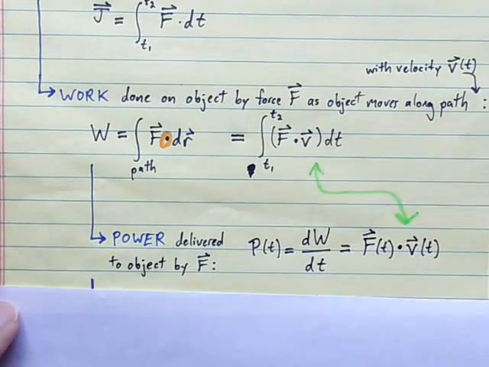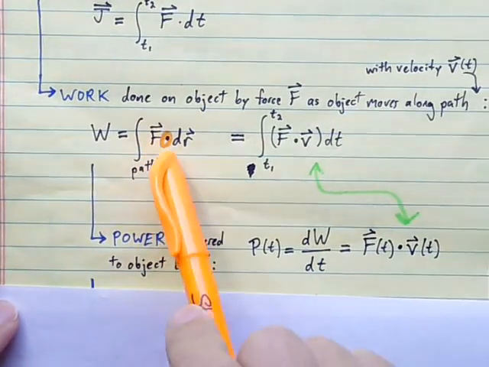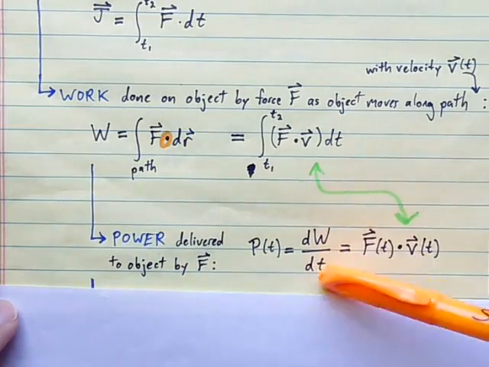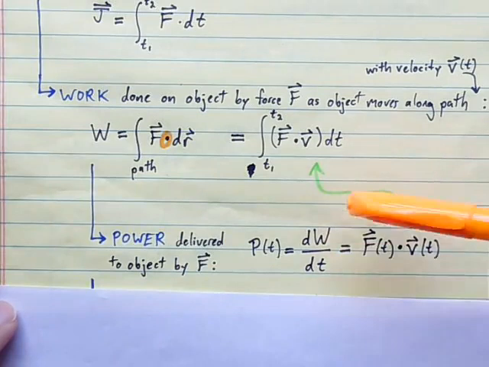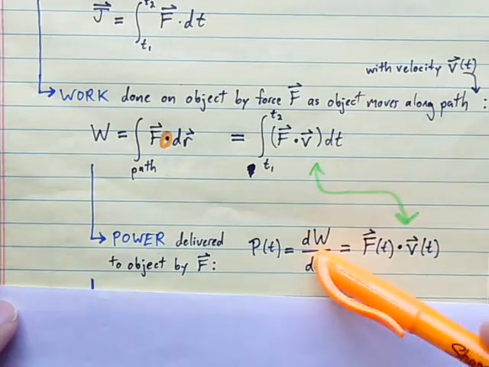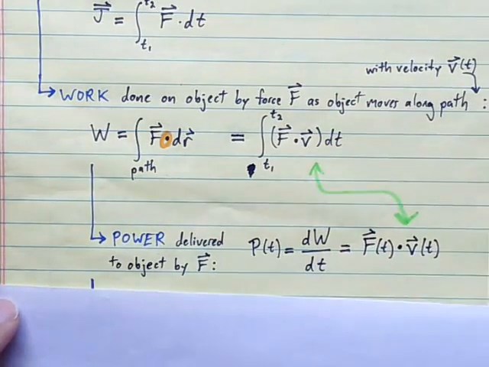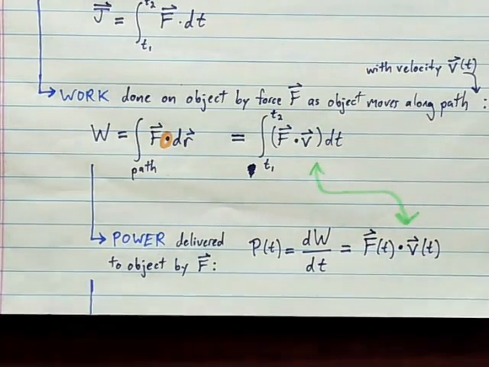The power delivered to the object by this force acting on the object over this distance along this path, the power is the rate at which that force is doing work, dW/dt, which is identical to F dot v, force dotted with the velocity.